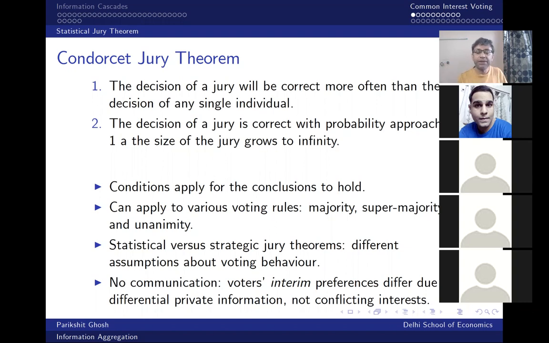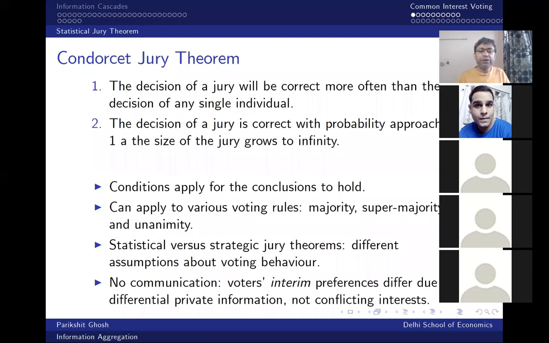They have objectives, they have information, all that is explicitly modeled. And the way people will vote will depend on the context, the institution, the rules. So it depends on the size of the jury, whether the voting rule is majority or supermajority or unanimity. All those things will influence how people vote. So you can't assume that there's a fixed probability of voting for the right thing.